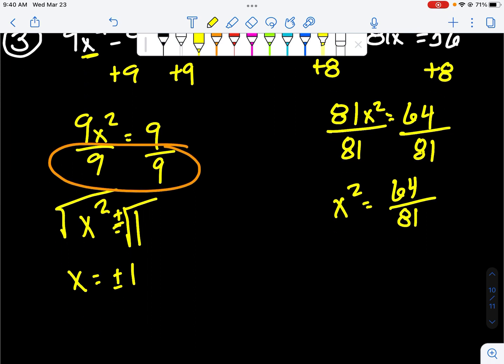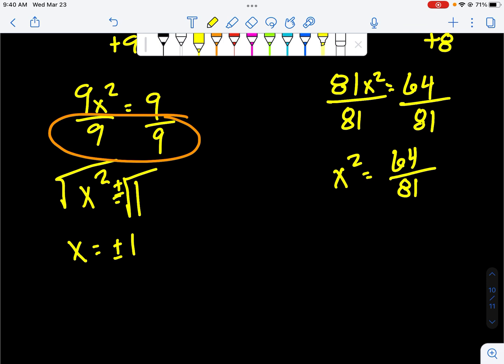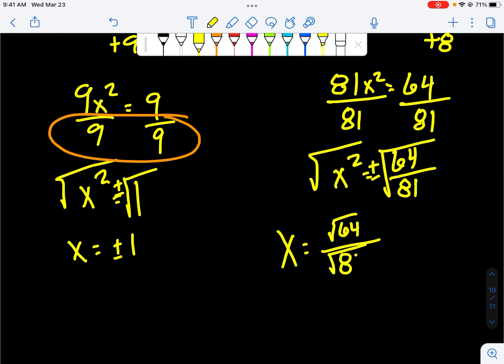Now we can't simplify this fraction at all, but we can still go ahead and square root both sides. This is kind of like what we've done in some of those story problems, so we are a little familiar with this, but we would square root both sides. Can't forget our plus and minus. Now, with our square root rules, we learned this in chapter 6. Since we have a fraction under the square root, we are allowed to square root the top and square root the bottom.